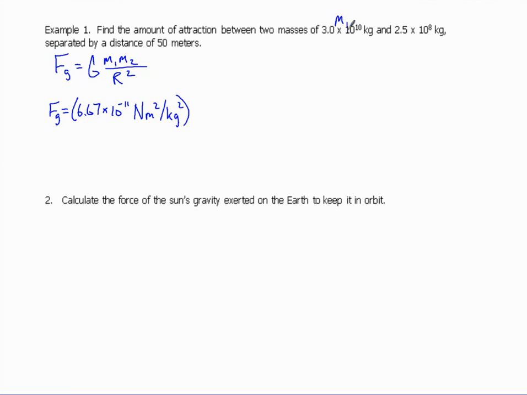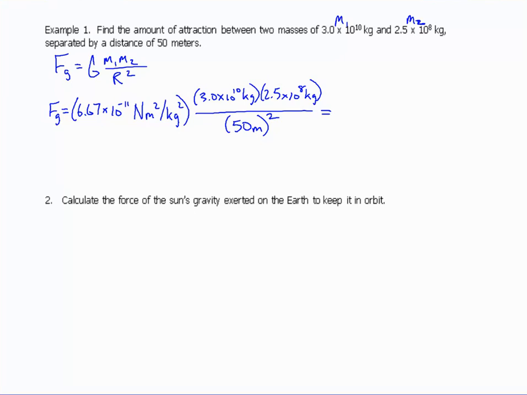Mass of object 1, 3 times 10 to the 10th kilograms, times mass of object 2, 2.5 times 10 to the 8th kilograms, divided by the square of the radius. So the radius is 50 meters, the distance between them, squaring that quantity.